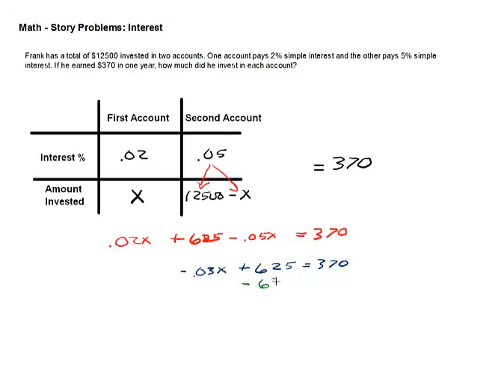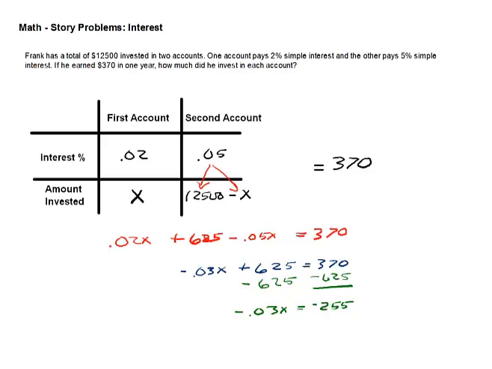So minus 625, minus 625. So we'll end up with a negative 0.03x equals, and 370 minus 625 is going to give us a negative 255.